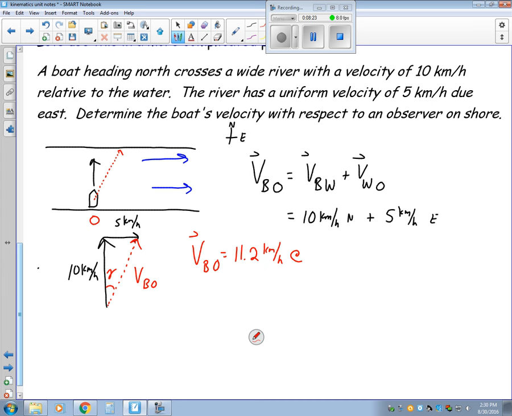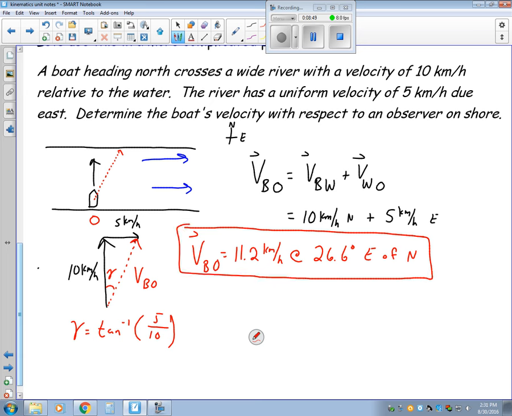For the angle, we take inverse tangent of opposite over adjacent. It gives me an angle of 26.6 degrees, and that angle is east of north. So what the person on the shore would see is not a boat traveling at 10 kilometers per hour directly north. They would see a boat traveling at 11.2 kilometers per hour at an angle.